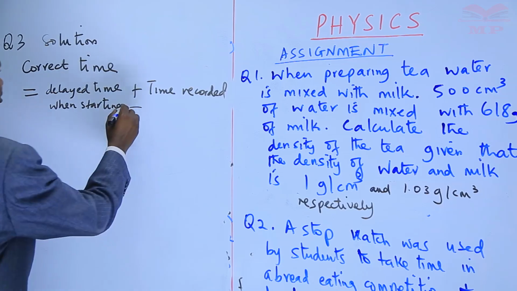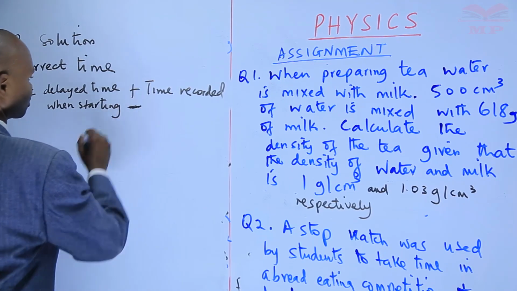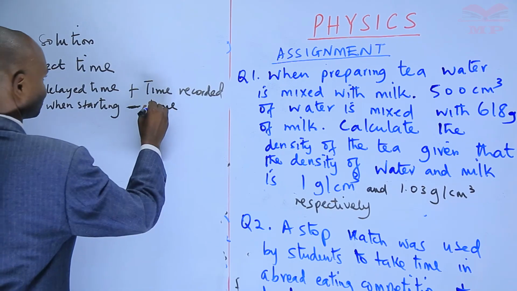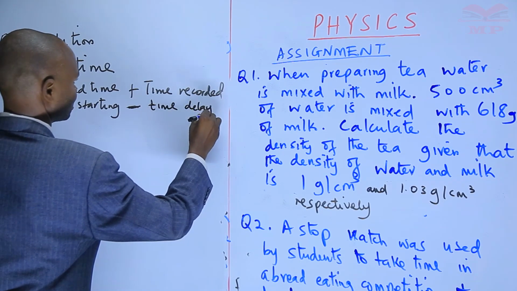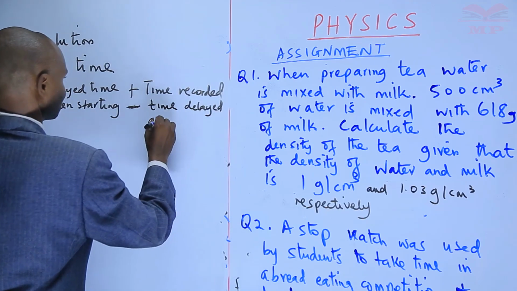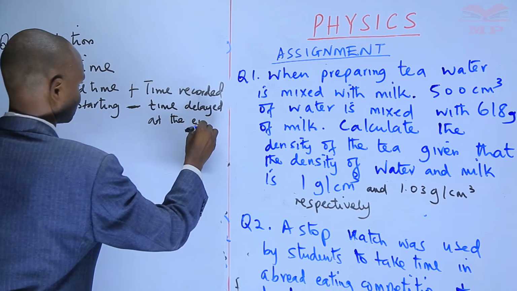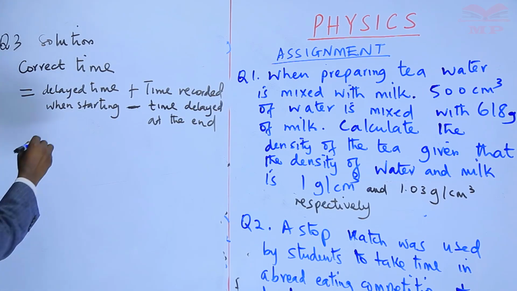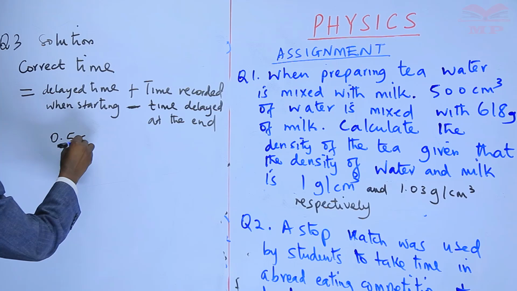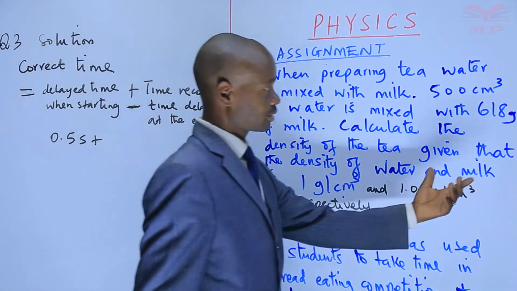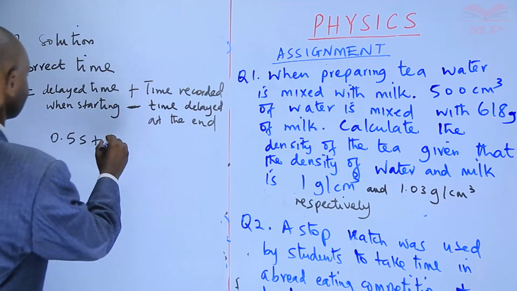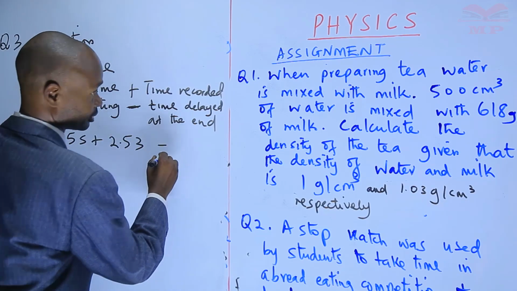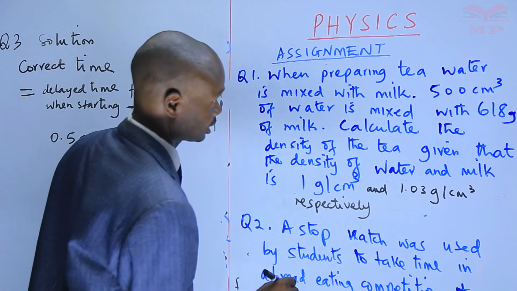So you'll subtract time delayed at the end. So you'll come and have delayed time before you started, it was 0.5 seconds. The time recorded was 2.53 seconds. Then you'll subtract 0.3 seconds.